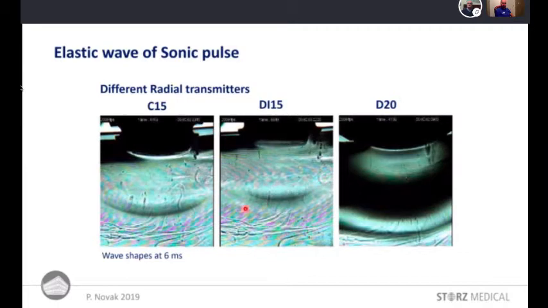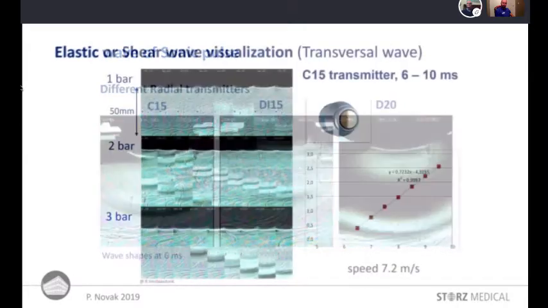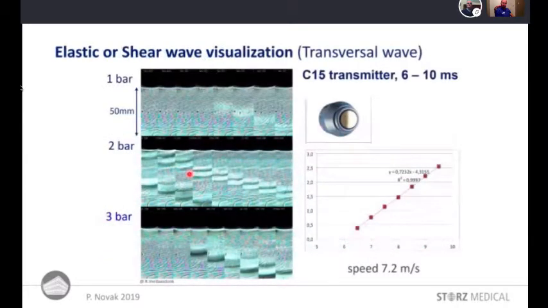Comparing now the images of these wavefronts, we can see that these wavefronts are, from an intensity point of view, totally different depending on the type of the transmitter. The strongest is with a D20 in this case. We can also make some kind of visualization of how this wave is propagating into this tissue phantom.